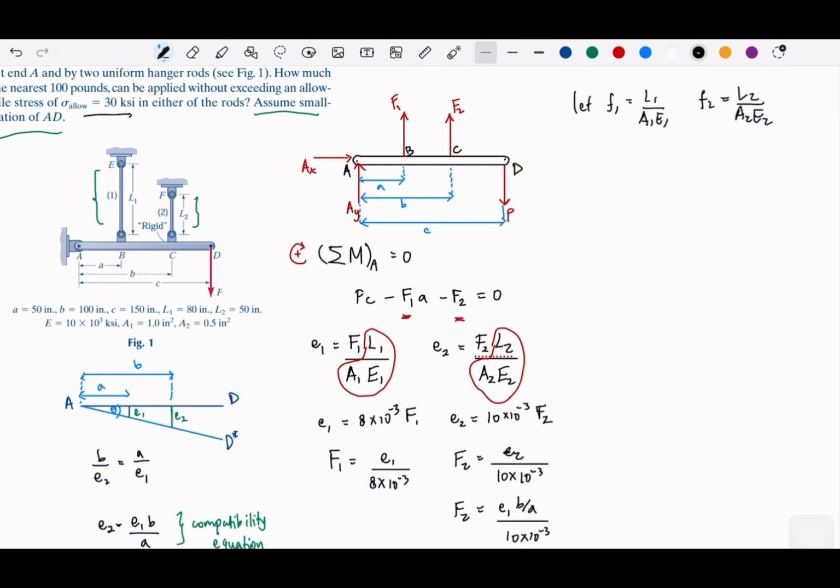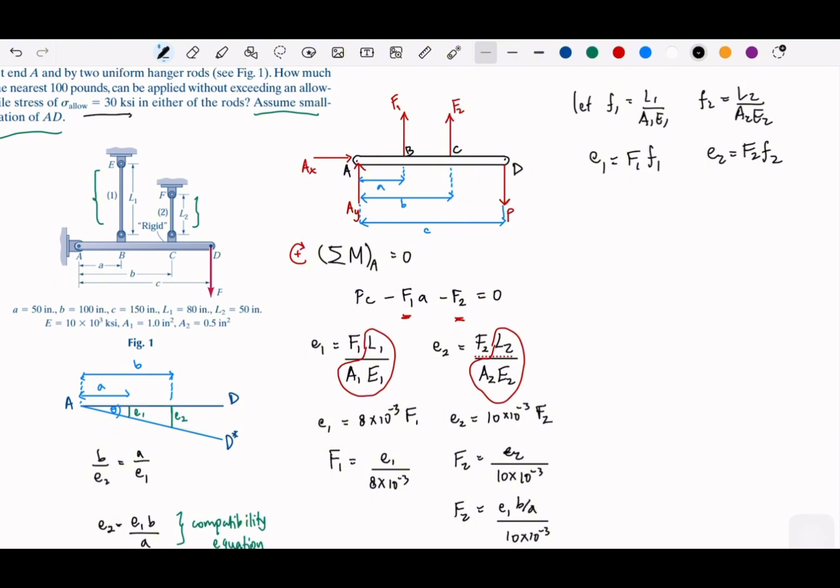So E1 will be F1 over L1 A1 E1, and E2 will be F2 over L2 A2 E2.